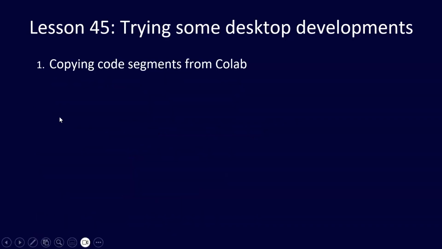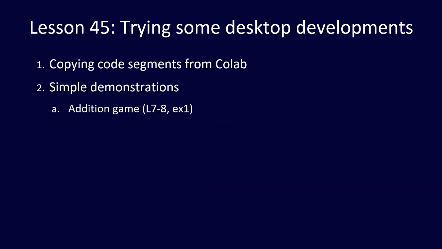Trying some more desktop environments. Basically, most of the code we developed on Colab can be run in this environment. So let's check that by copying code segments from Colab. First, the adding game.